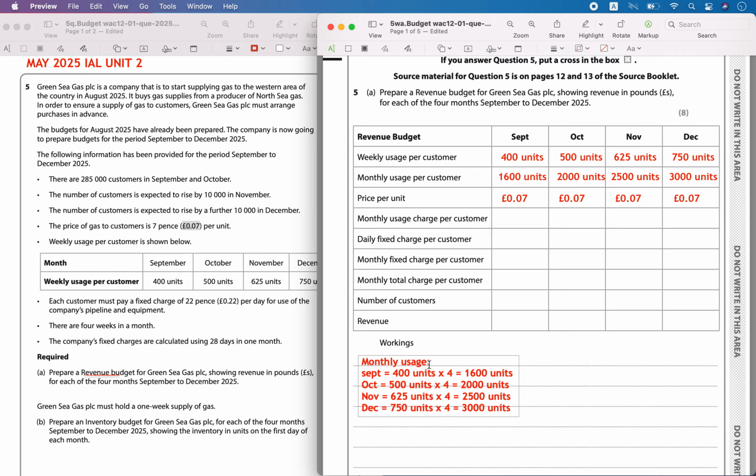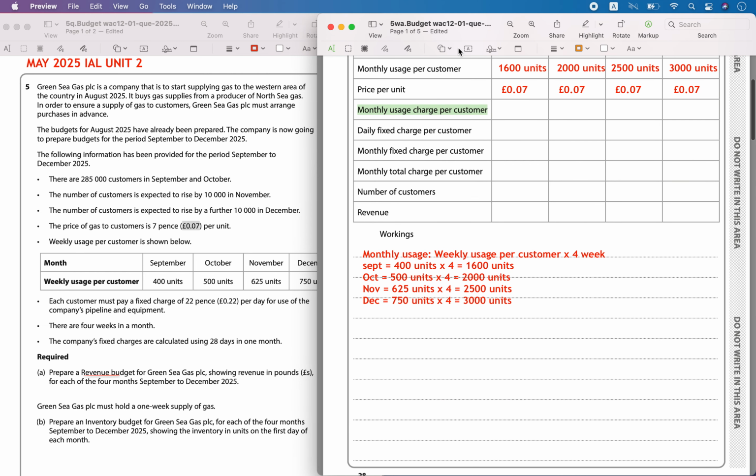Then what will be the monthly usage charge per customer? For the monthly usage per customer, you can write a formula: weekly usage per customer into 4 weeks, one week's usage times 4. Then the monthly usage charge per customer is equal to monthly usage per customer into the price per unit.